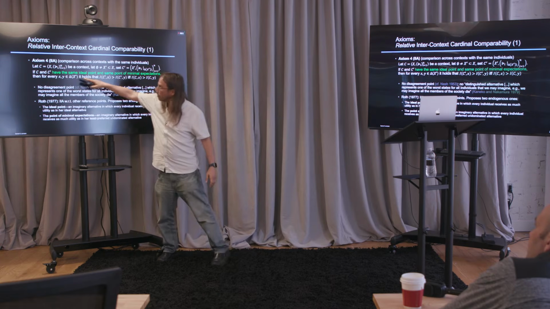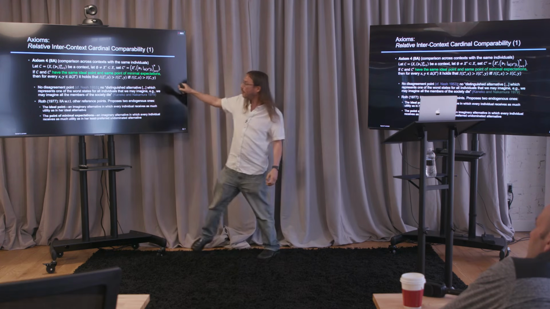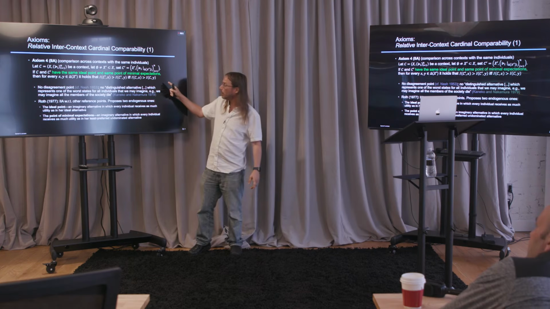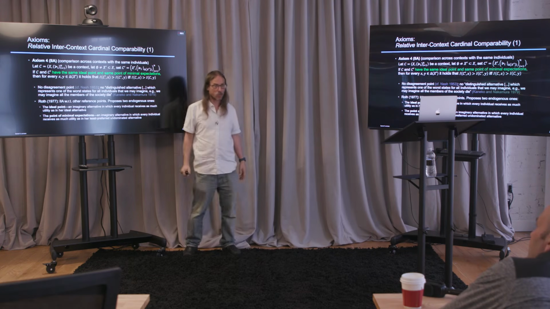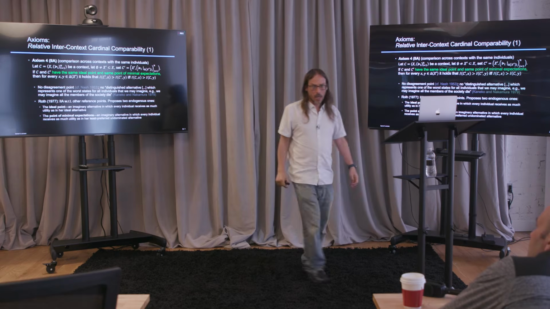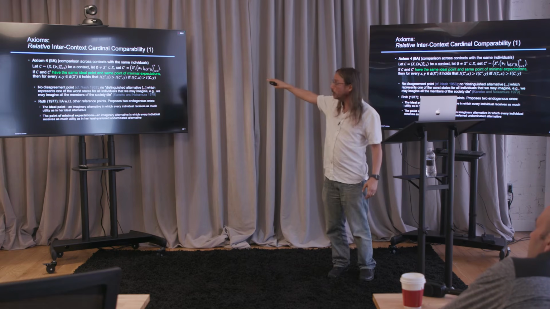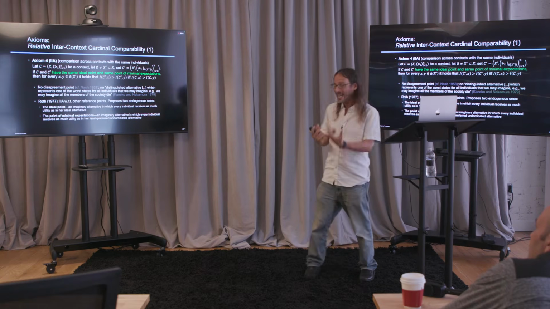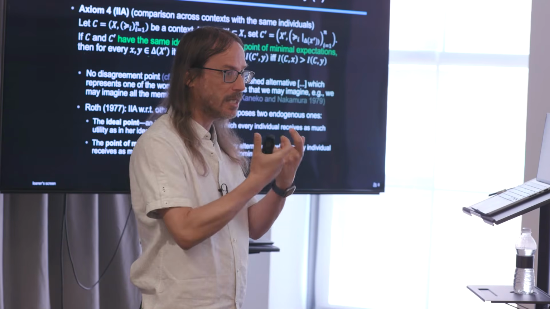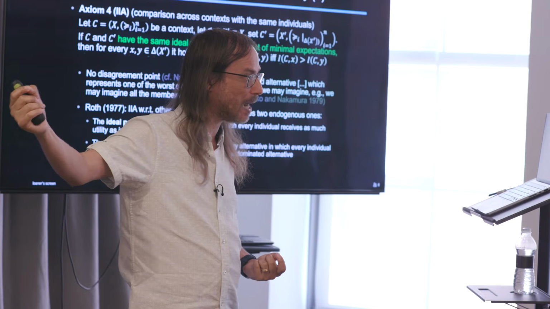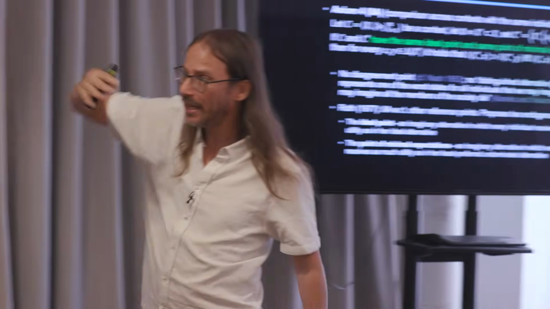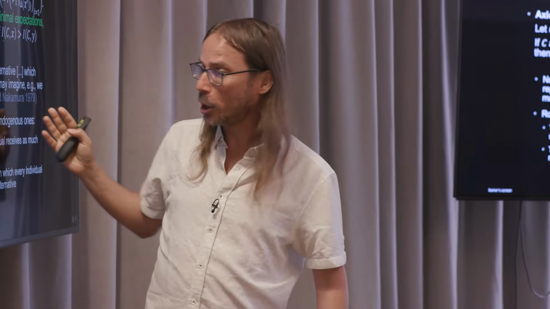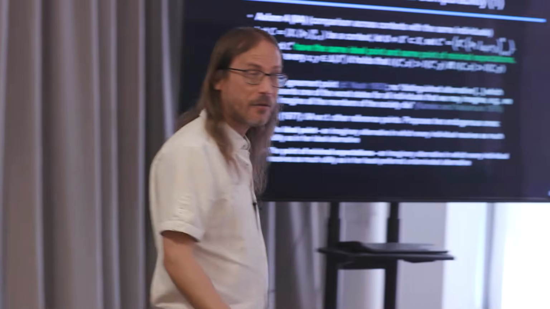So really what we're saying here is if C and C prime have the same ideal point and same point of minimal expectations, this better hold. This is going to be our axiom. And note that the more points that I put here, the weaker the axiom becomes because there are fewer pairs C, C prime for which this axiom has bite. So we included everything, all the endogenous points from Roth 77.